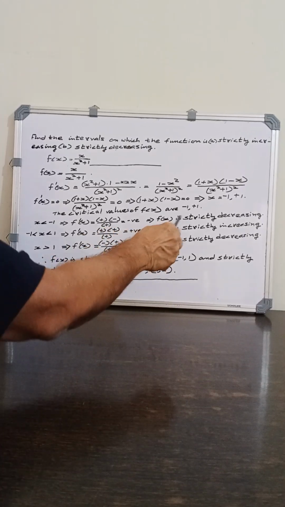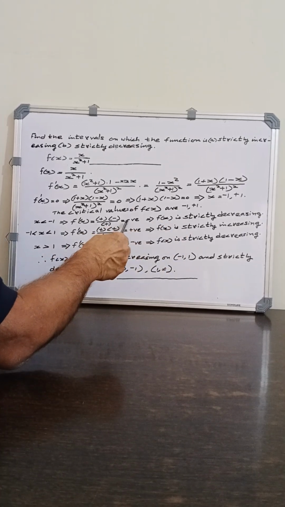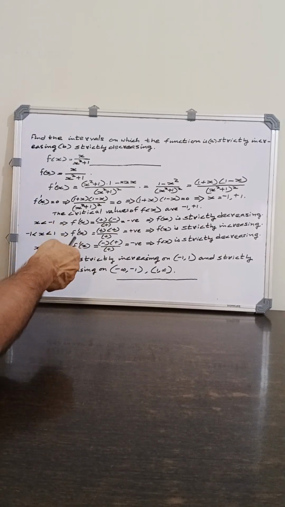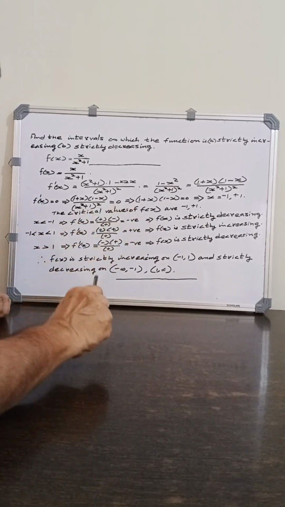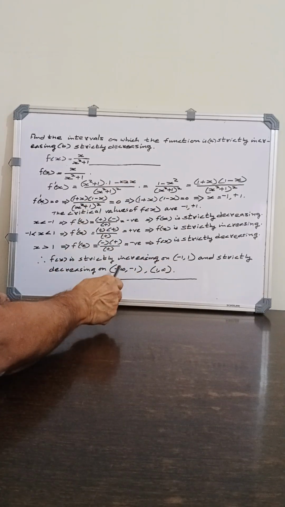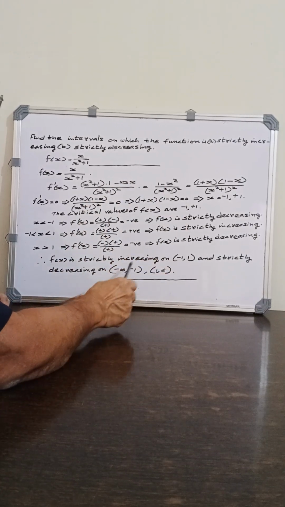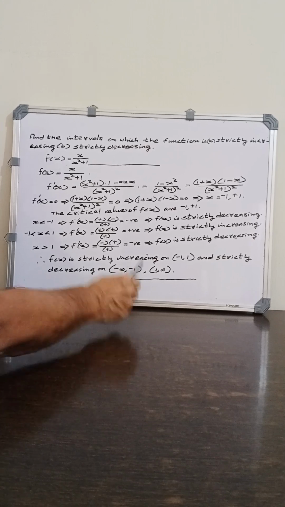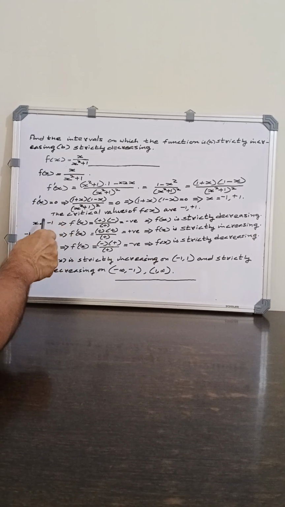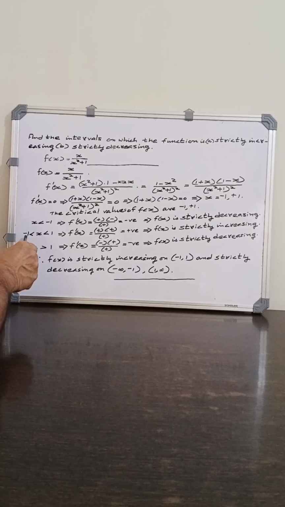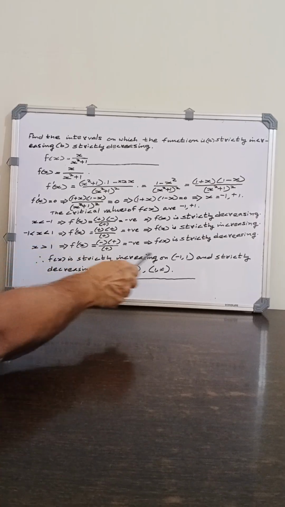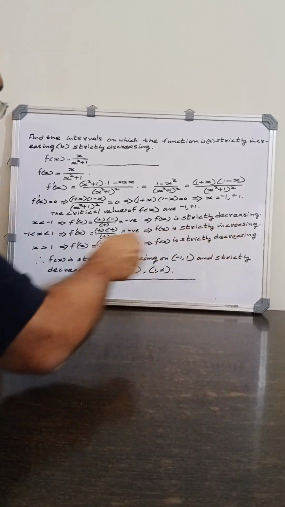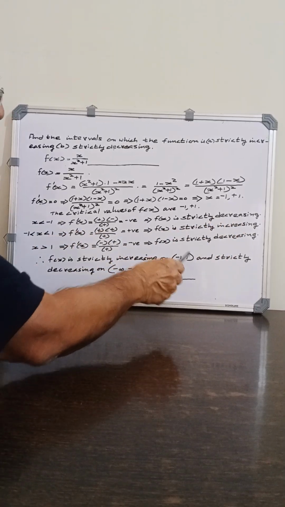Here, strictly decreasing, x is negative. X less than minus 1 means the possible values of x are minus infinity to minus 1. That is the first interval. X in between minus 1 and positive 1 is increasing on minus 1 to positive 1.